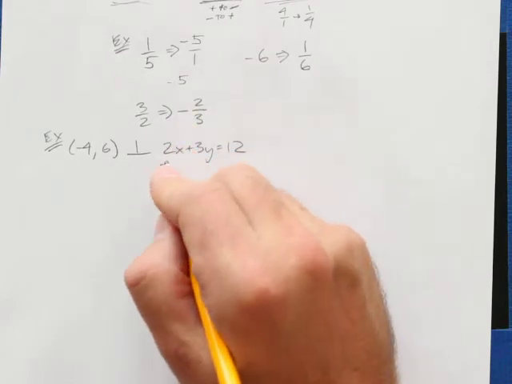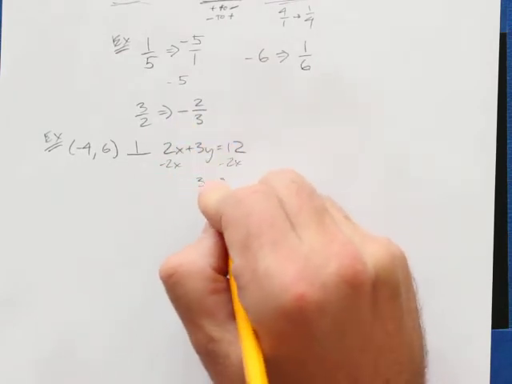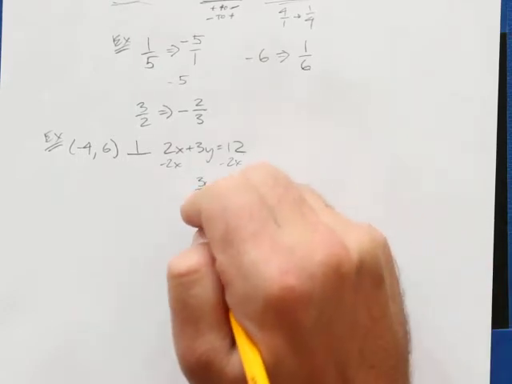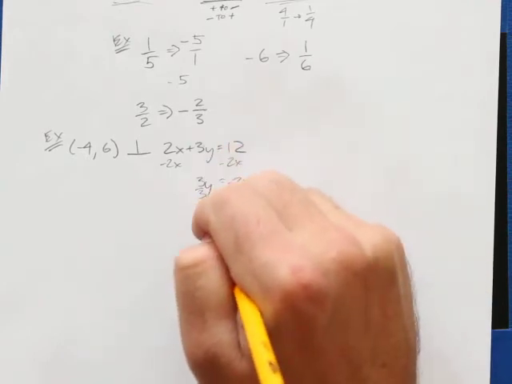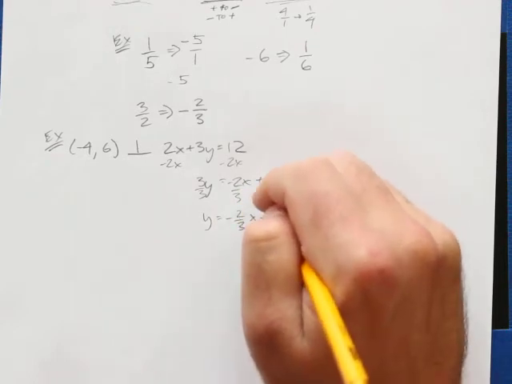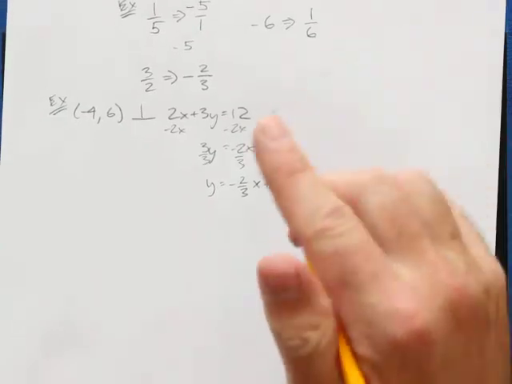So I got to subtract 2x from both sides. So I have 3y equals -2x plus 12. Then I need to divide everything by 3. And I have y equals -2/3 x plus 4. 12 divided by 3 is 4. Slope-intercept form.